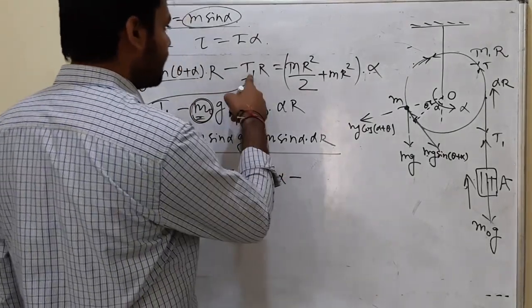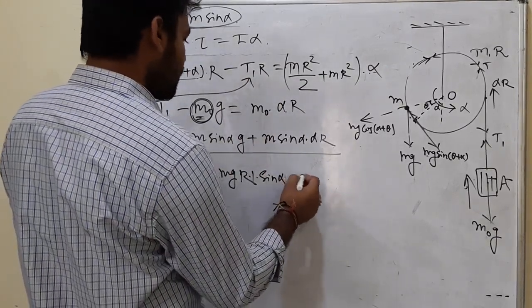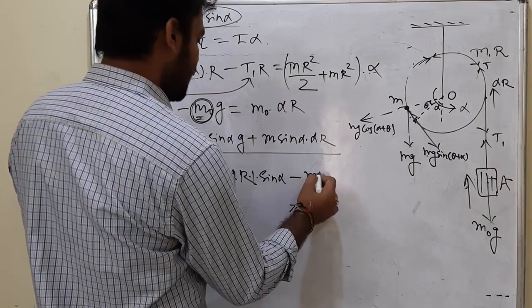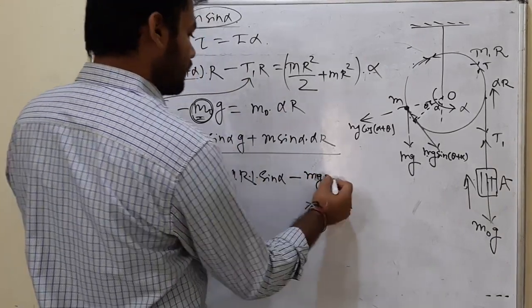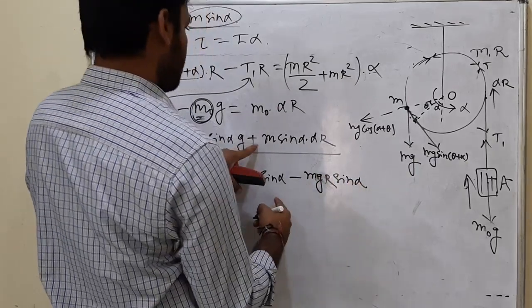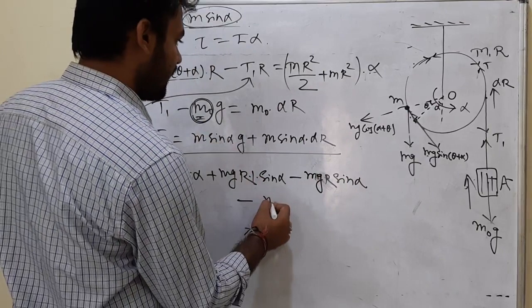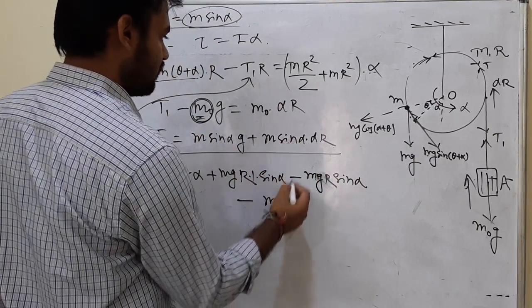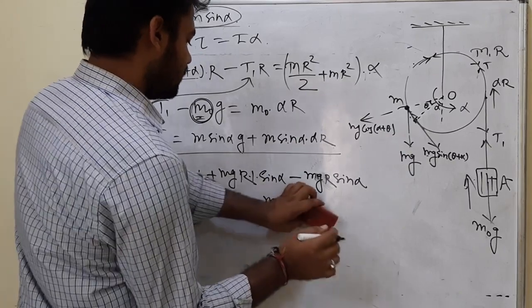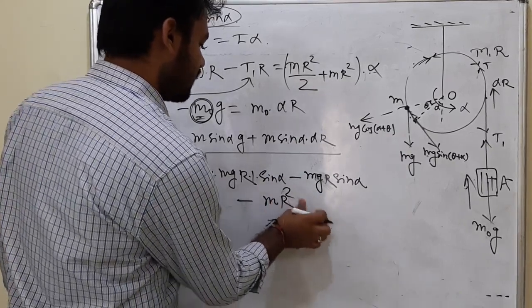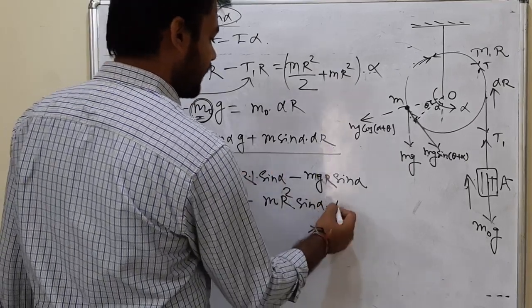Minus T1 times R. What is the value of T1? Multiplied by R, it will be mgr sin alpha, and again minus mr squared sin alpha into alpha.